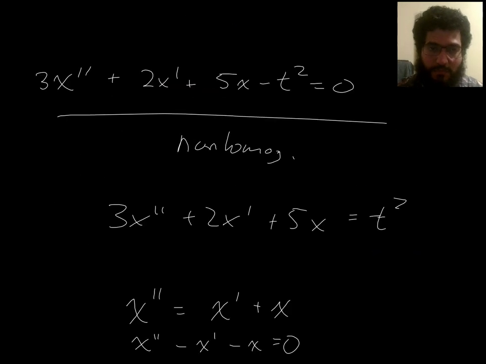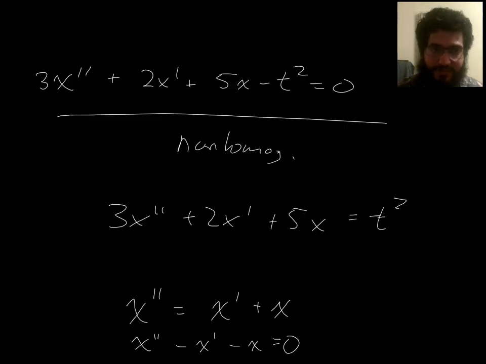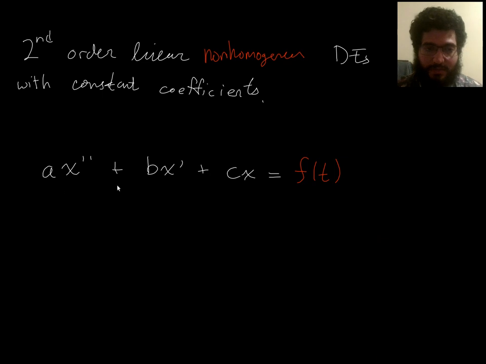Now I want to describe the way we think about this. In each case, we think of the left-hand side as a linear operator being applied to x, and then the right-hand side is the output, right? So here, another way of writing this is Lx equals f of t.